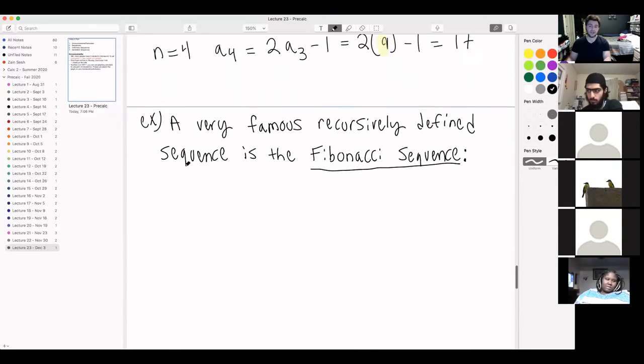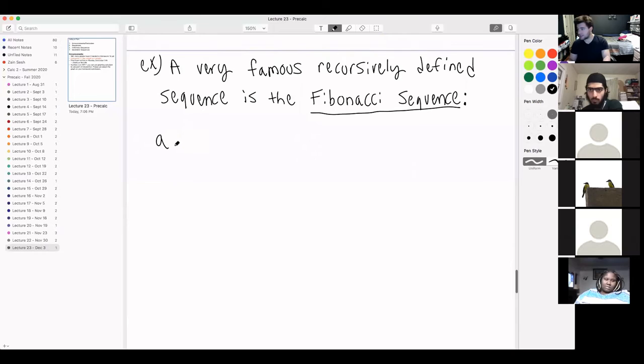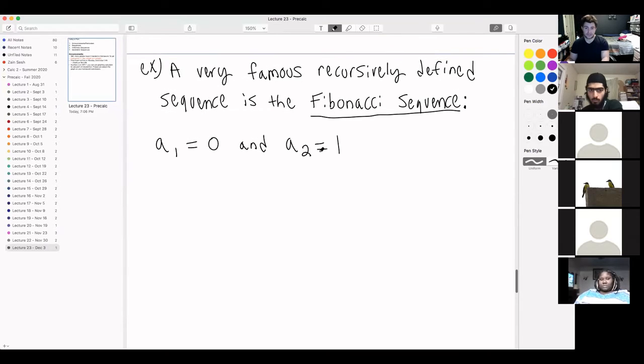I need to tell you that A sub 1 is 0 and A sub 2 is 1. This is the part of the definition where I give you terms explicitly. I'm telling you the first term is 0, the second term is 1.